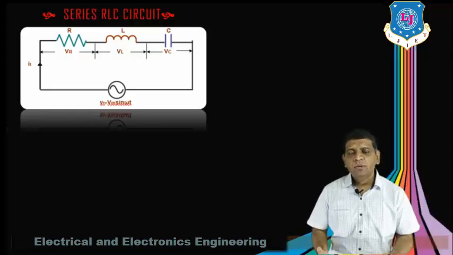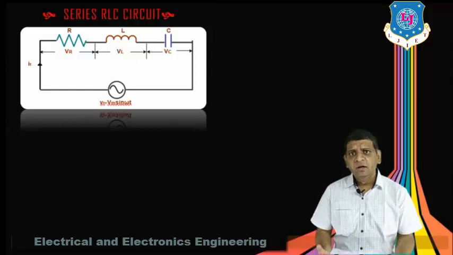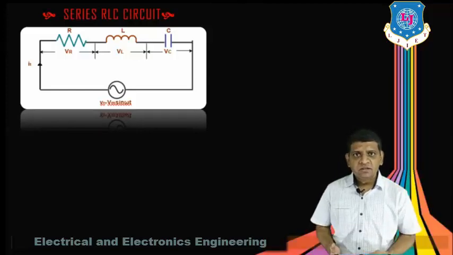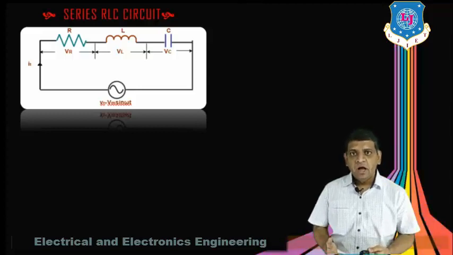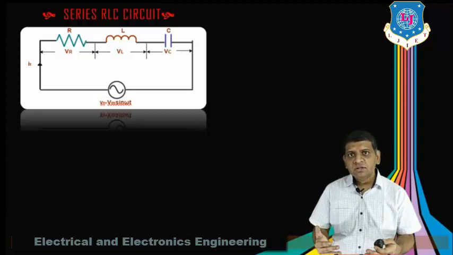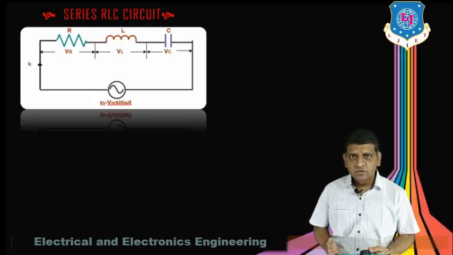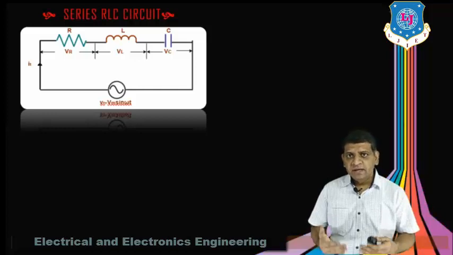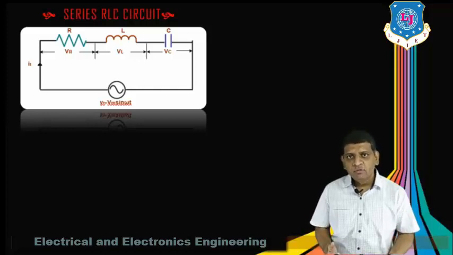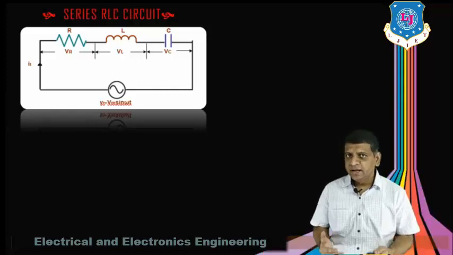Since here we are going to connect R, L and C in series, my first job is to define the phasor diagram of the individual resistance, individual inductor and individual capacitor. Then I am going to combine all these three phasor diagrams into one common phasor diagram that can justify the series combination of resistance, inductor and capacitor.